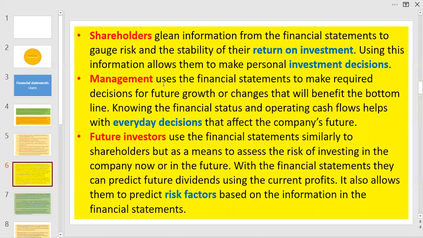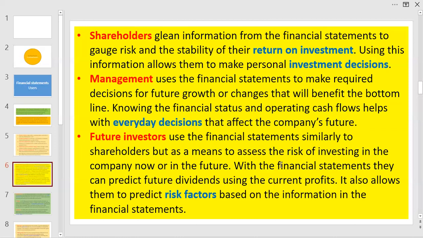The management uses the financial statements to make required decisions for future growth or change that will benefit the bottom line, profit. Knowing the financial status and operating cash flows helps them with everyday decisions that affect the company's future.